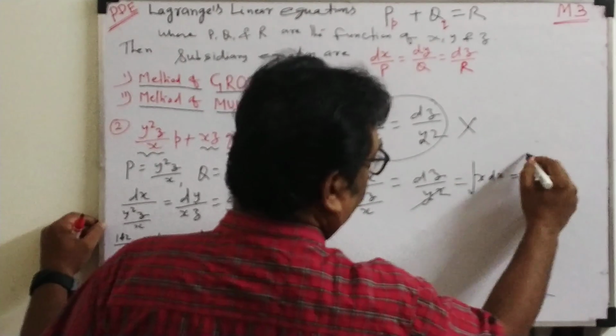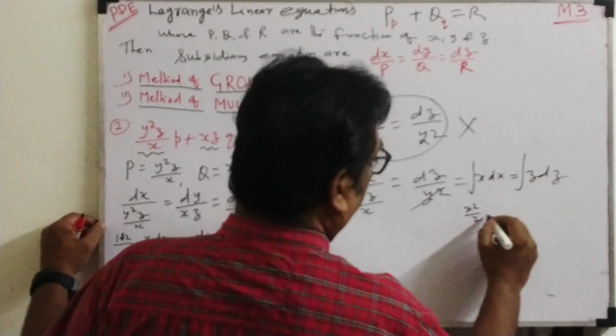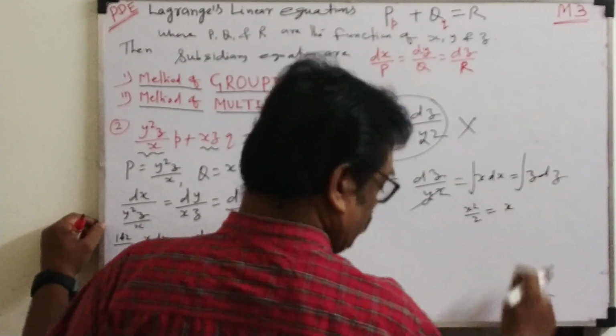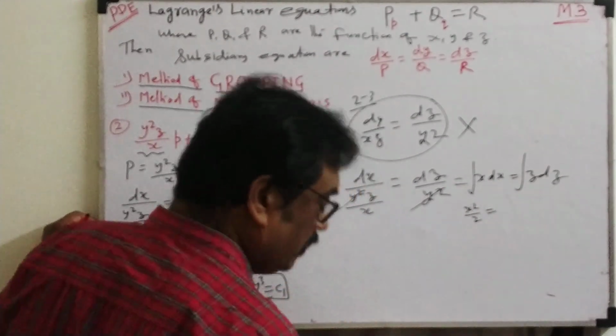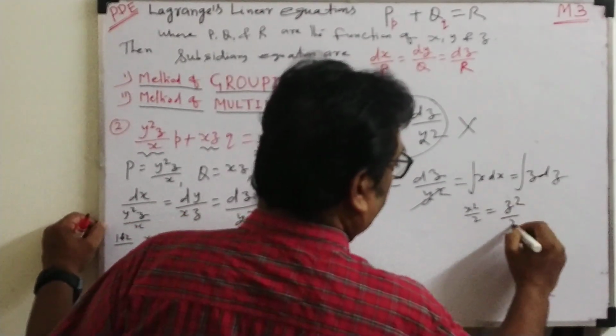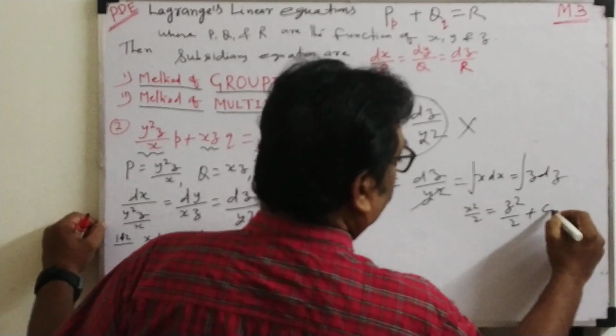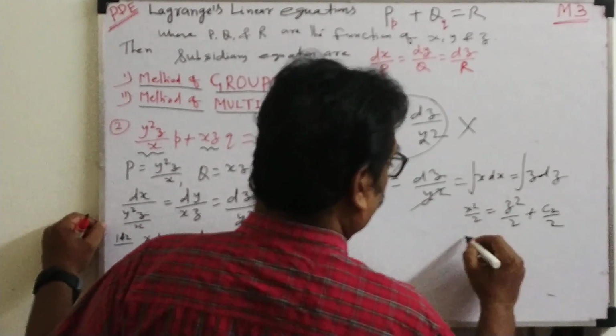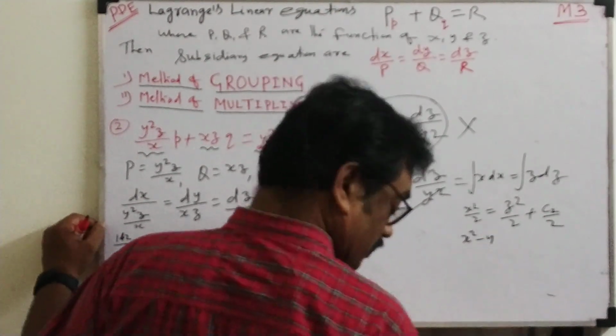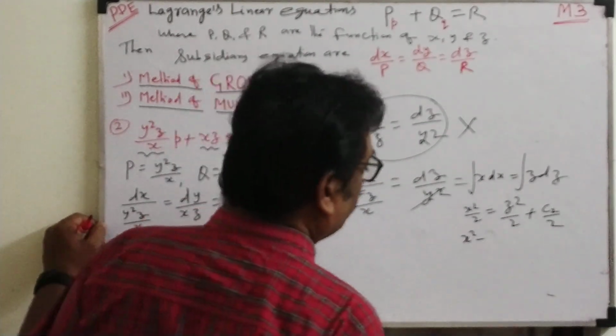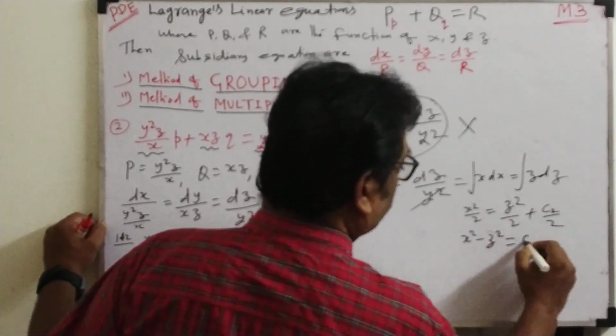So integrate both sides. x square by 2 is equal to z square by 2 plus C2 by 2. So x square minus z square is equal to C2.